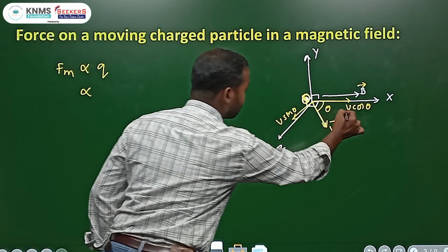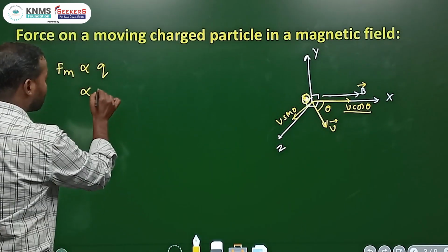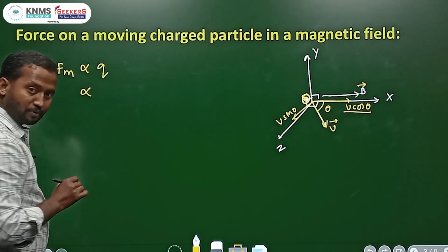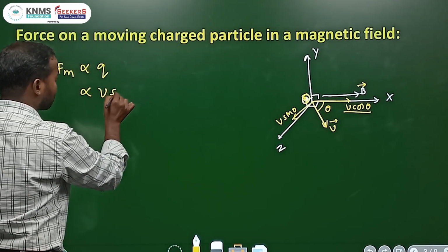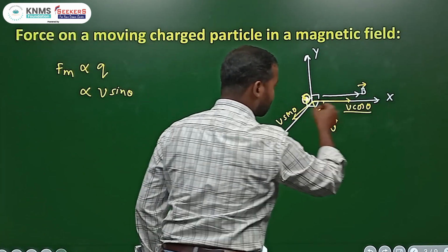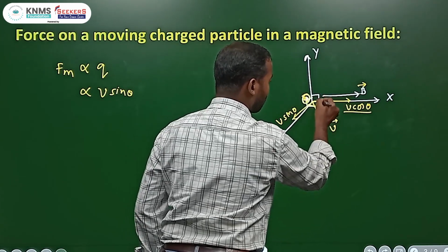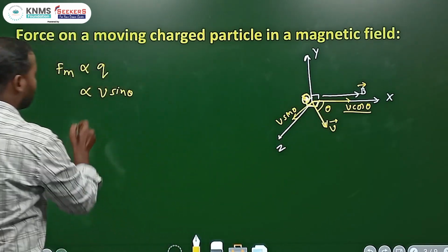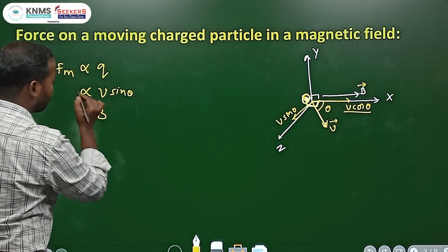Here v cos theta is in the direction of the magnetic field, and the magnetic force is found to be proportional to the perpendicular component of velocity, which is v sin theta. Both are perpendicular to each other. It is also directly proportional to the applied magnetic field.